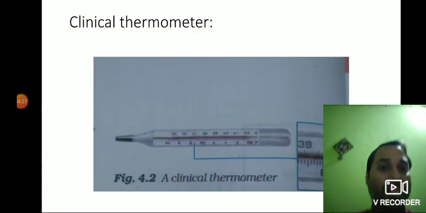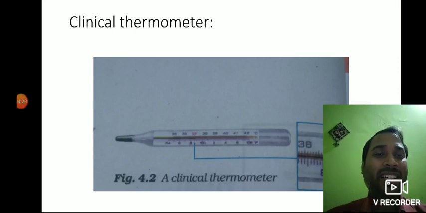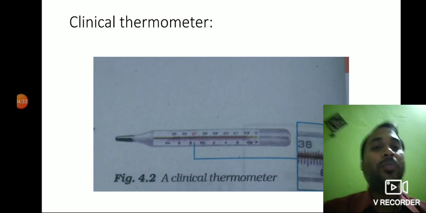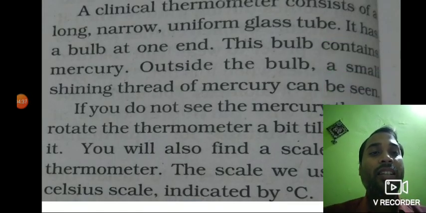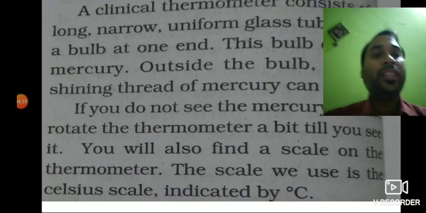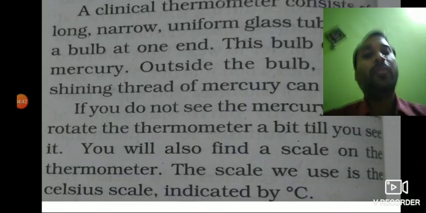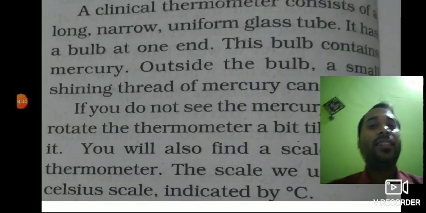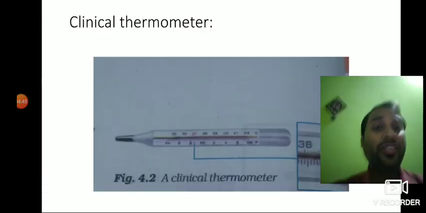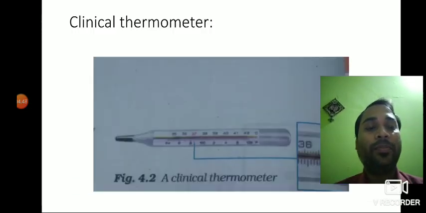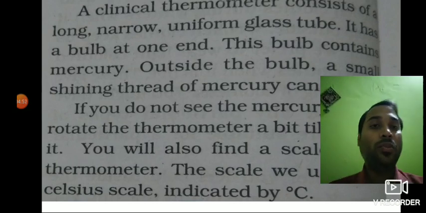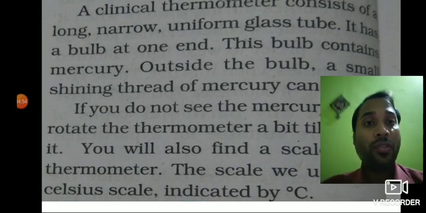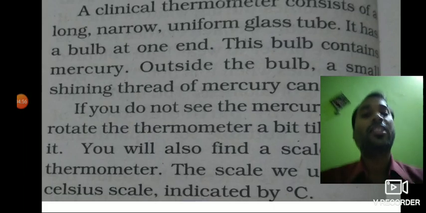You need to make a little adjustment in order to see that line of mercury. If you do not see the mercury, you can rotate the thermometer a bit till you see it. Then there are certain rules which you need to follow before using the clinical thermometer.